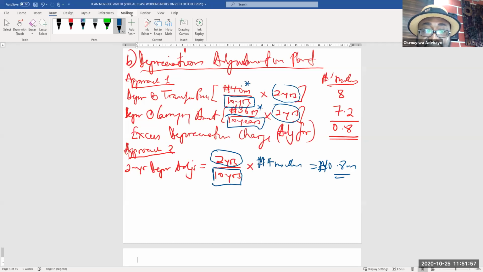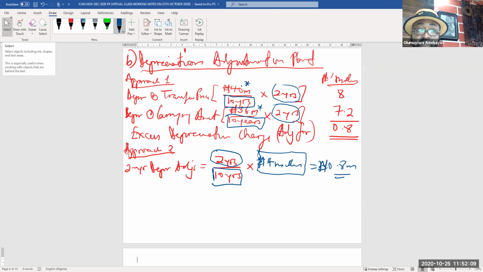And the difference between 40 and 36 is this 4 million. Does it make sense now? Any question? Now, any question before I move further? For people that always consider time as a factor in the exam, once you have the understanding, you can use approach 2. Olamide?